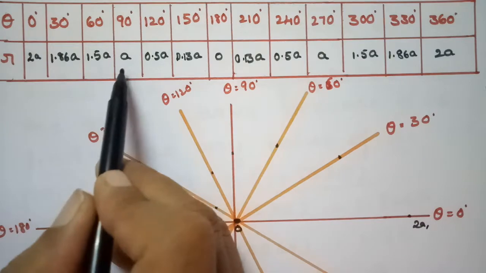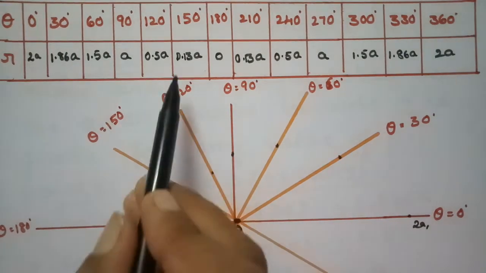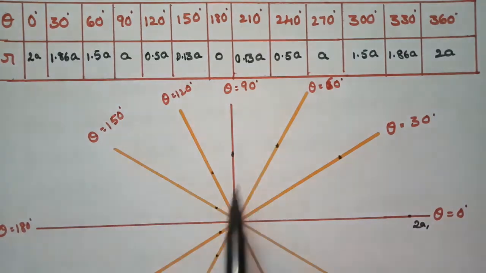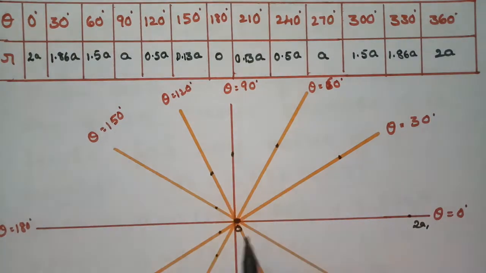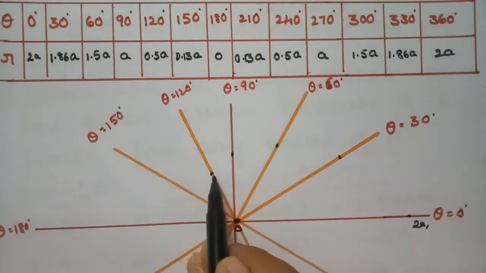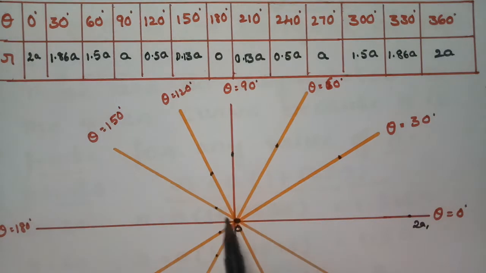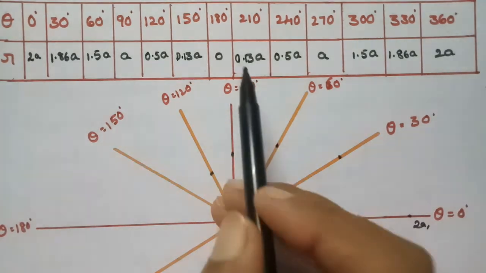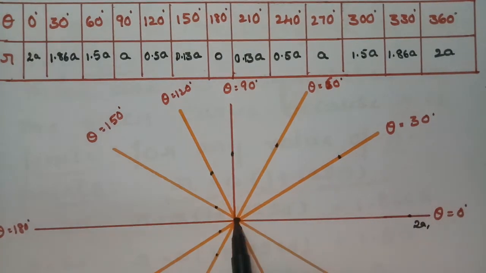And for 90 degrees it is a, so it is a little more down, so this is a. And for 120 it is 0.5, so this is 0.5. And for 150 it is nearer to 0, it is 0.13, so this is 0.13. And the next one, for theta is equal to 180 degrees it is 0.